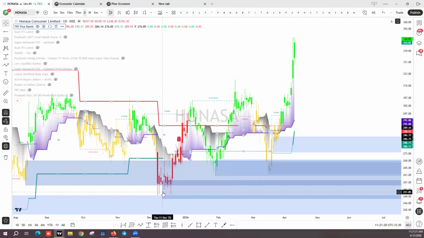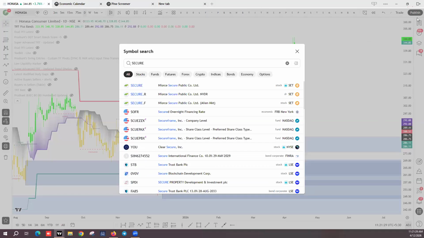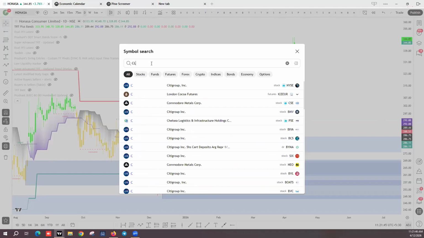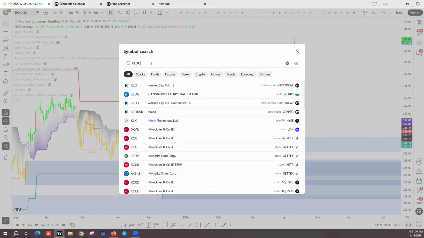Sir, last one, Secure Cloud Technology, very old stock. Gave very good return in the past. Past is past. But currently it is green for the second time on the daily. What is the name? Secure Cloud. Spelling? SECUREKLOUD. NSE stock.